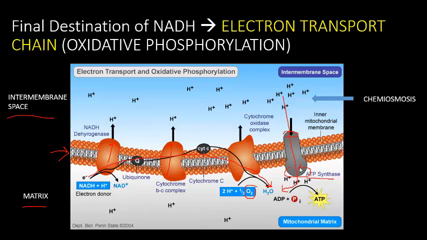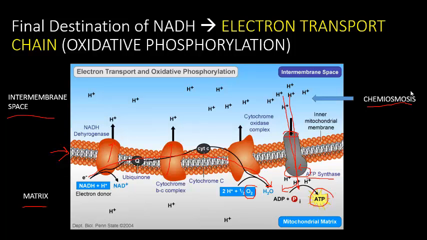And the spinning of the turbine is what's actually used to regenerate ATP. This process of the protons, the hydrogen ions, rushing from high concentration down to low concentration is called chemiosmosis. Chemiosmosis is directly what's producing the ATP during aerobic cell respiration, during the electron transport chain.